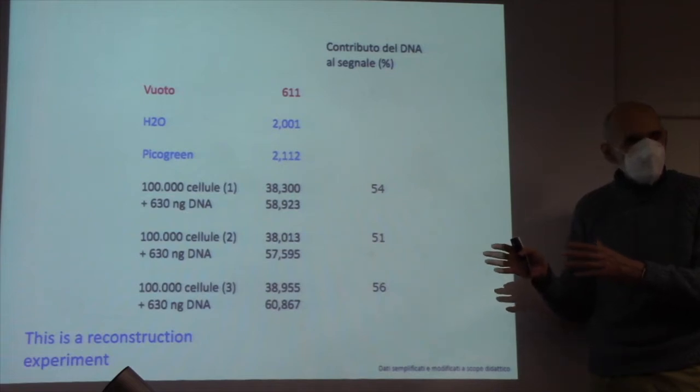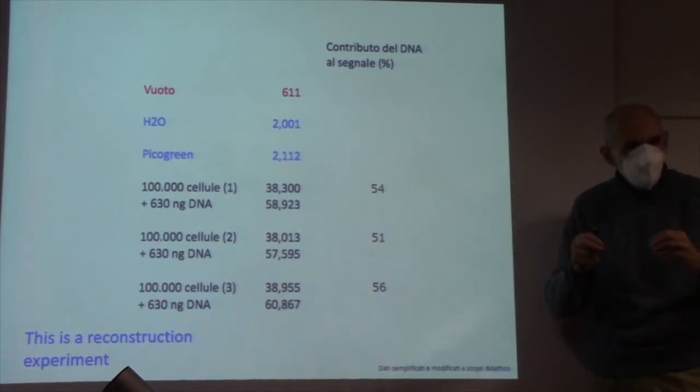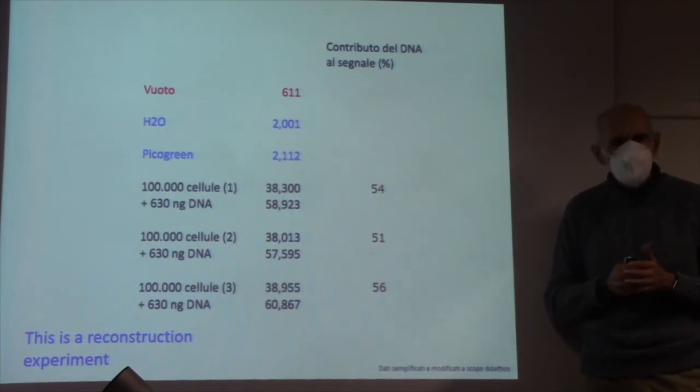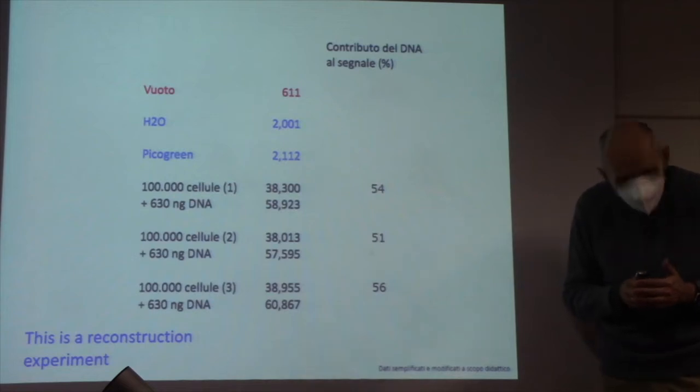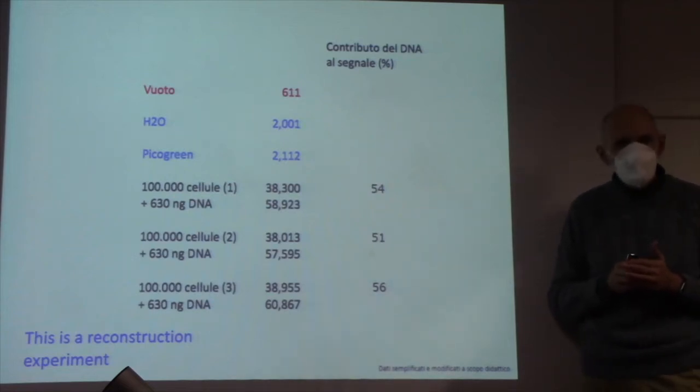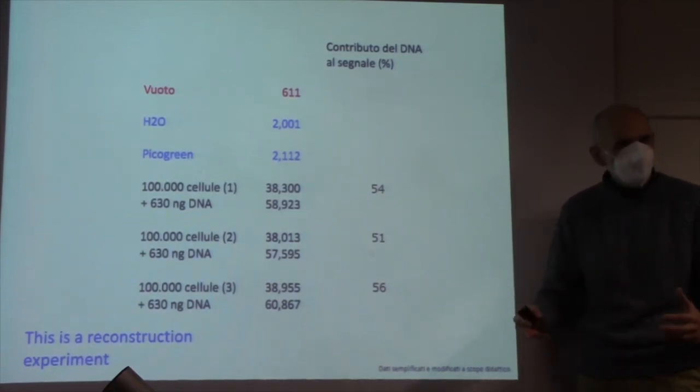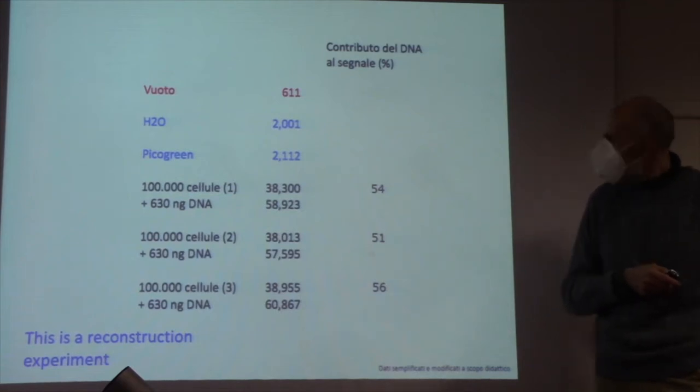But there are experiments in which you have tens of different molecules in a soup, for example, if you're trying to mimic, if you're trying to replicate in vitro, in a test tube, say complex enzymatic reactions, say DNA replication itself, you can mimic it, you can make it happen in a test tube by adding all the necessary ingredients one by one until the soup works and replicates DNA.